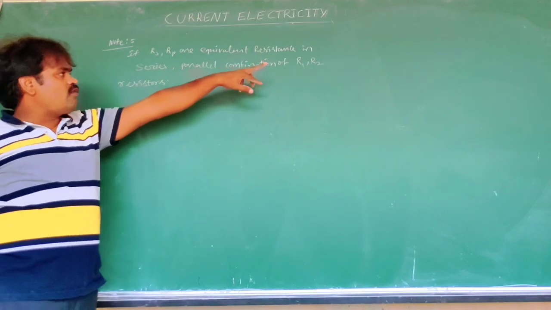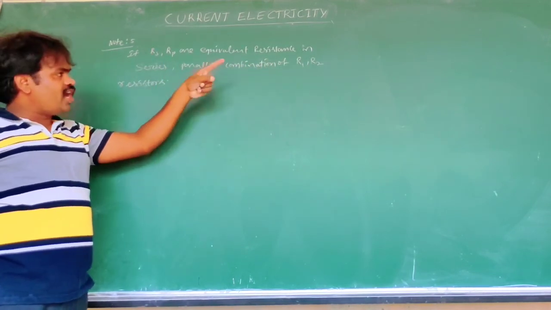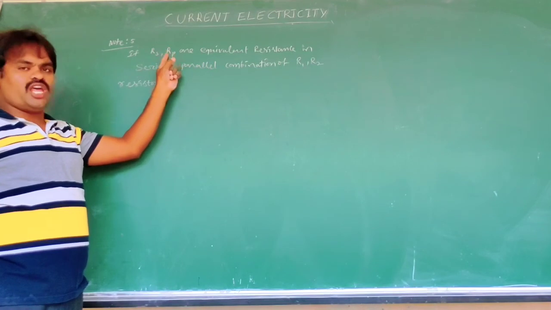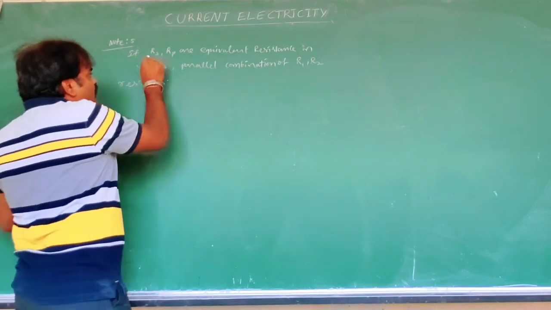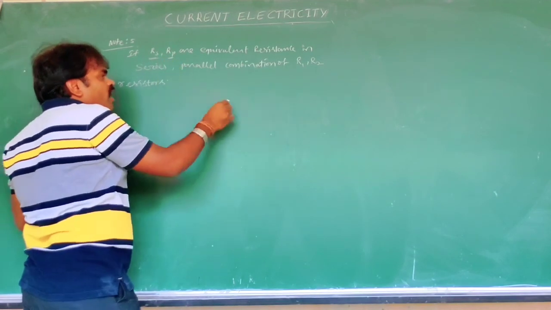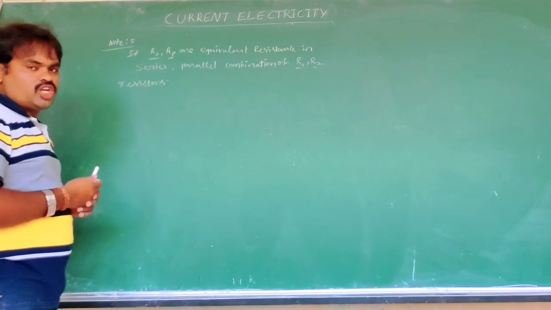Here R1, R2 are connected in series, we got RS. R1, R2 are connected in parallel, we got RP. Then given RS and RP, they are asking for finding R1 and R2.